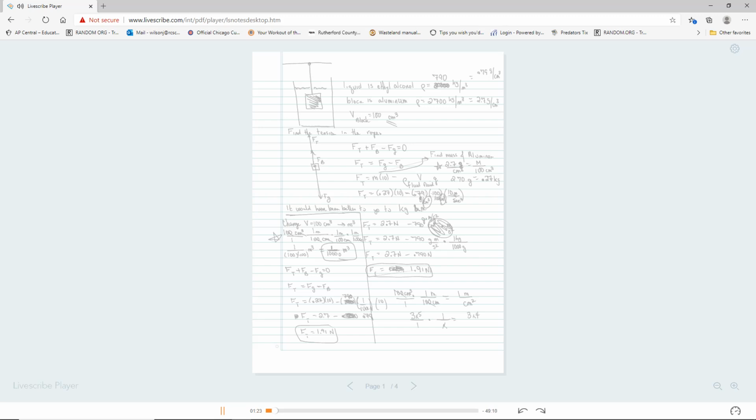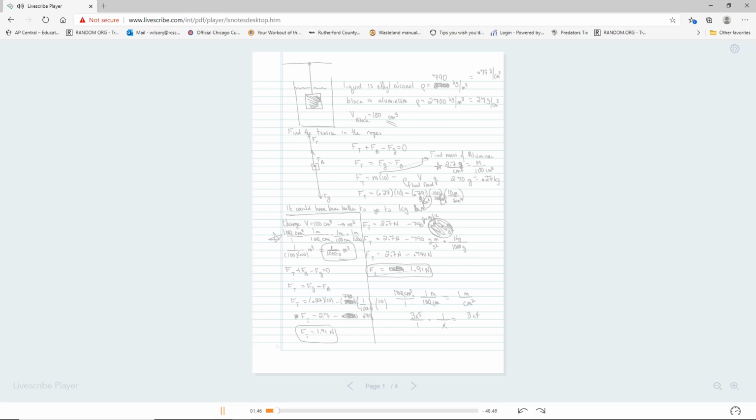They tell me that the density of the wood is 700 kilograms per cubic meter, and we want to know what is the distance from the top of the block to the water if the water is fresh. Okay, so if here's the water line, what we want to find is this distance right here. What's the height of the water line?